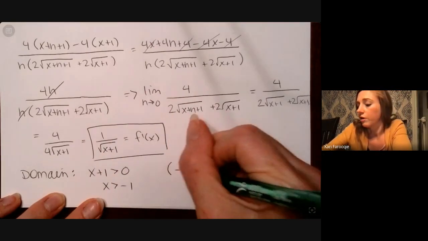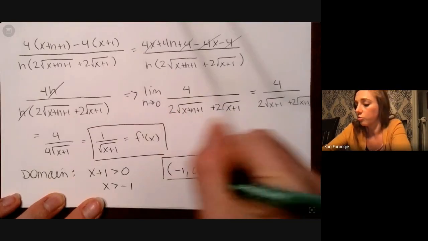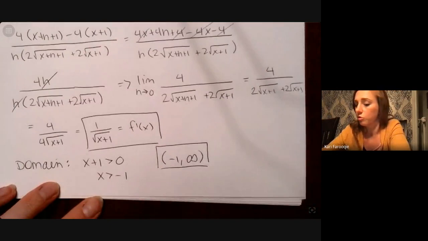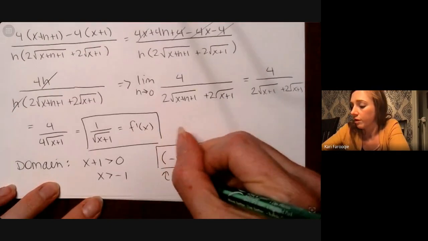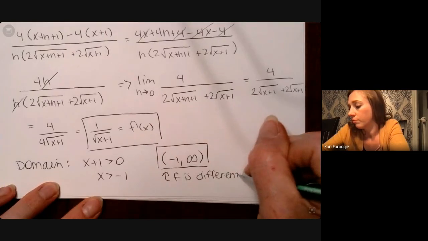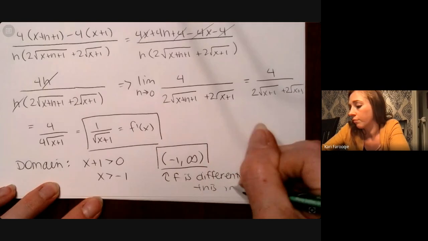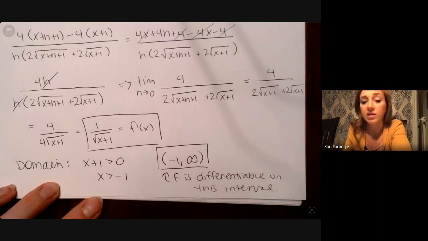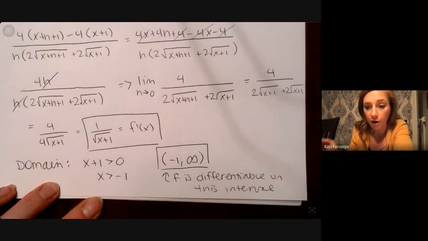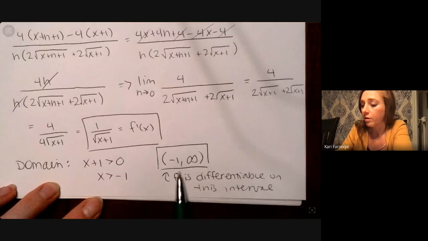So that means for a value of x that's greater than -1, f is differentiable. So I could say f is differentiable on this interval. That means I can take the derivative of our original function f of x, which was twice the square root of x plus 1, on this interval.